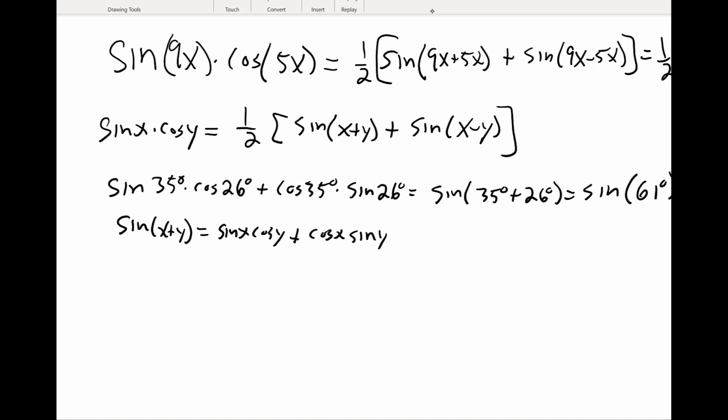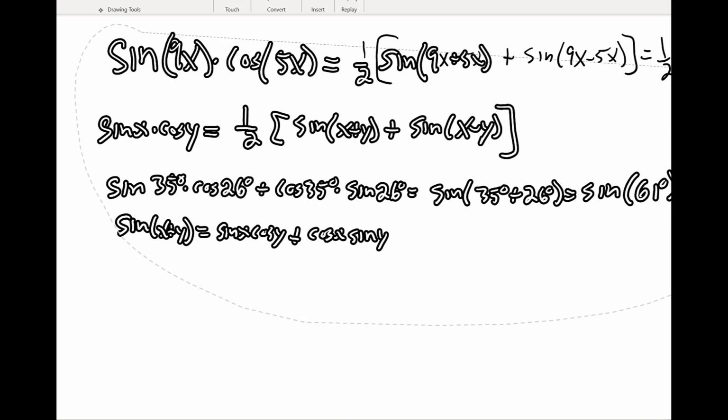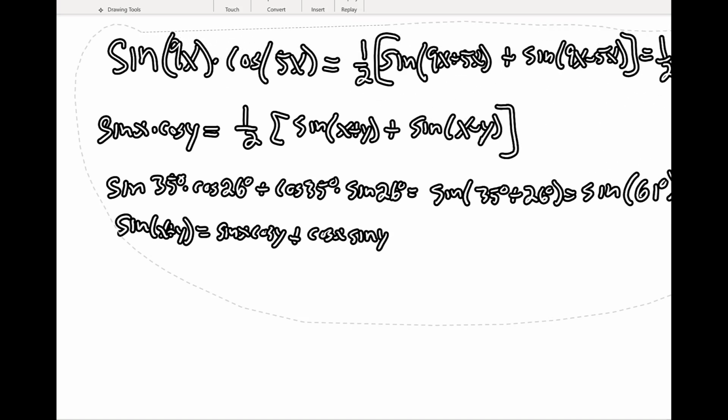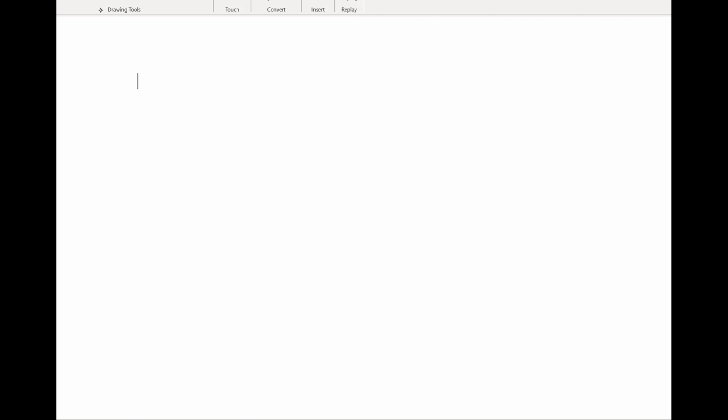Let's see what this says. It says, if cosine of alpha is a certain number and cosine of beta is a certain number, we want to find cosine of alpha plus beta and cosine of alpha minus beta. So I'm going to clear the screen so we have room to work. I'm just going to make up a number.